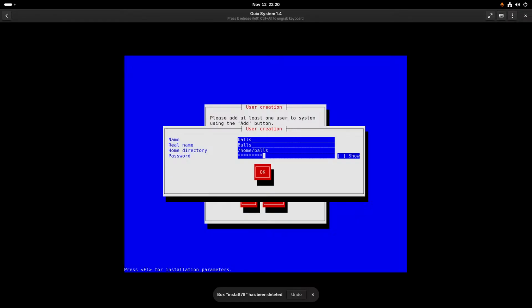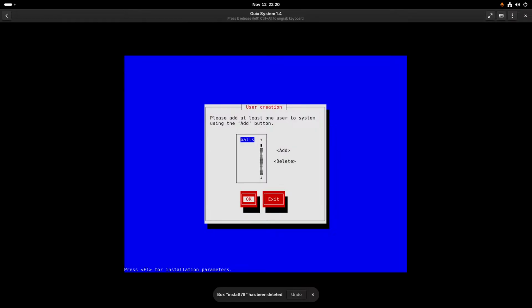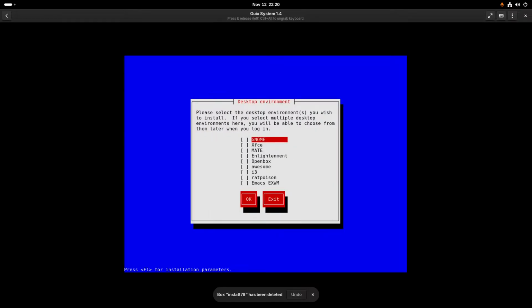Because they were considered non-free packages, I had to get a whole separate mirror, and that whole separate mirror kind of gave me a lot of headaches.